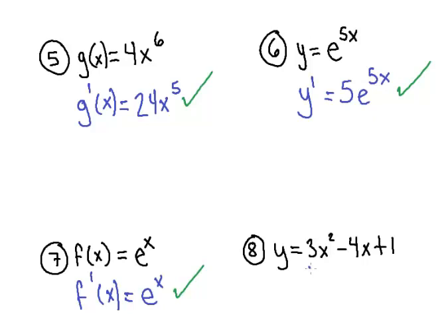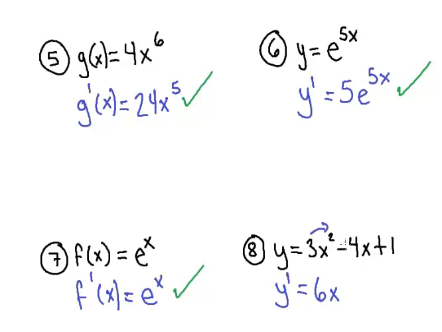Let's see this one now. I have 3 things. They're being added and subtracted, so the rule of sum or difference in this case tells me that I need to find individually each one of the derivatives. So y prime in this case, or the derivative of y, would be, well, derivative of this will be 6x, right?